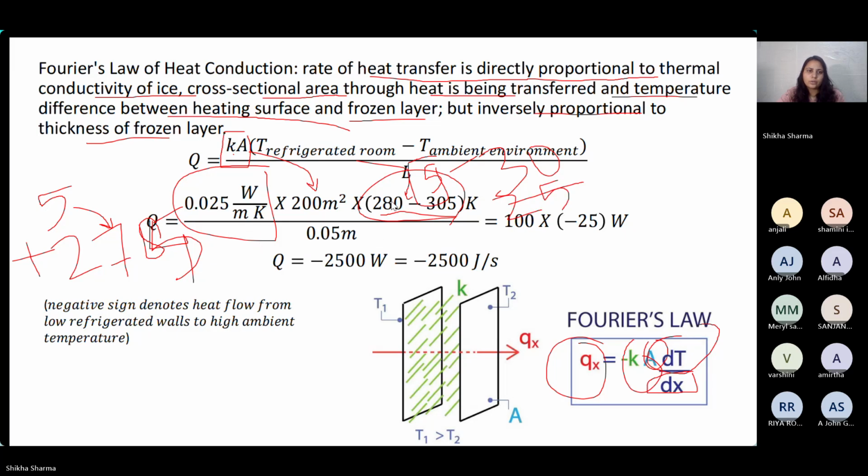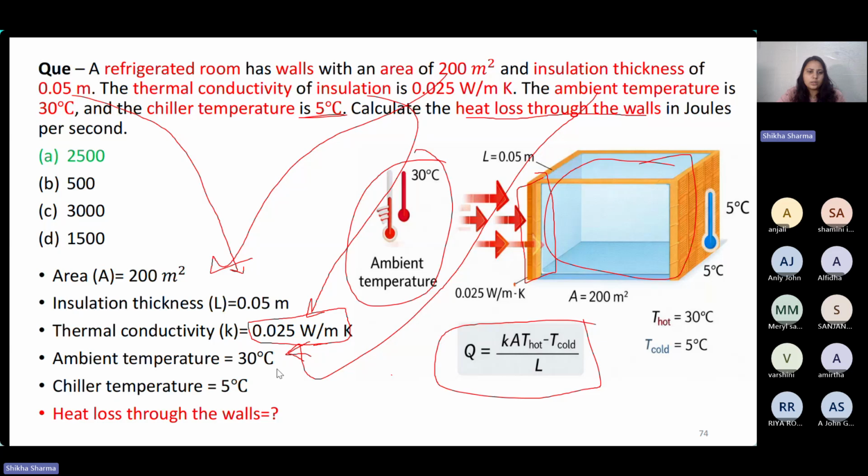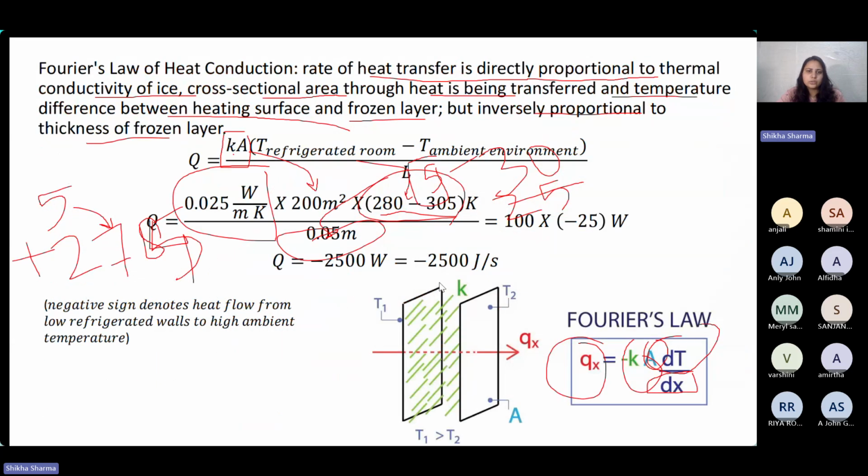So divide by L, which is the thickness. The thickness of the insulation is here 0.05. So if I calculate this, it will be 5 minus 30, which is minus 25. And if I multiply 0.025 into 200, divide by 0.05, it will be 100.